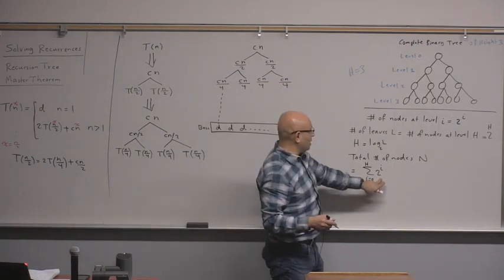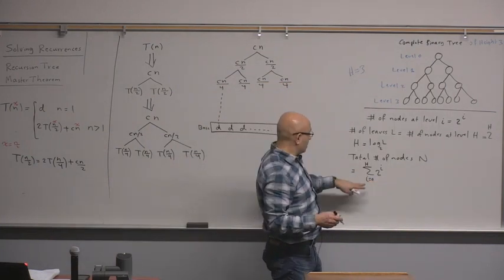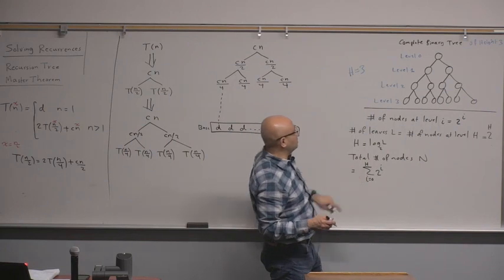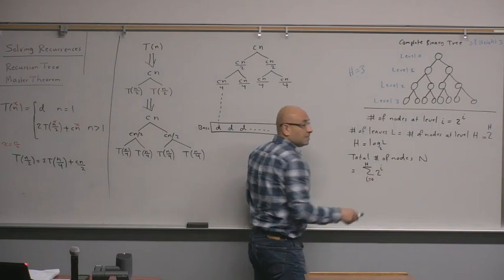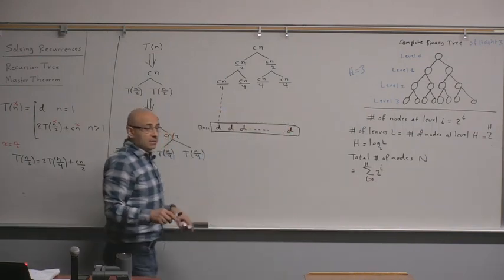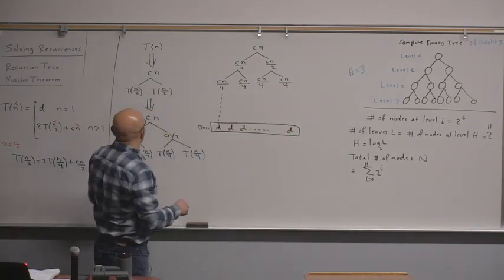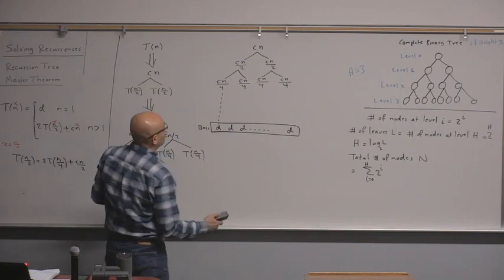The nodes at level I is 2 power I, so we sum them from 0 to H. Now what kind of series is this? This is a geometric series.